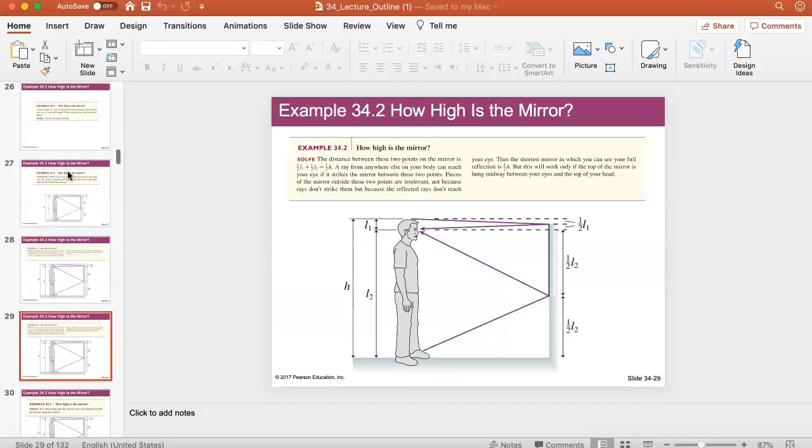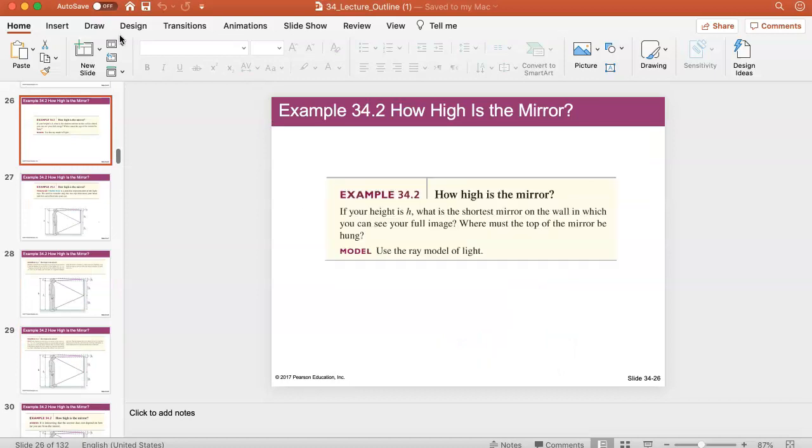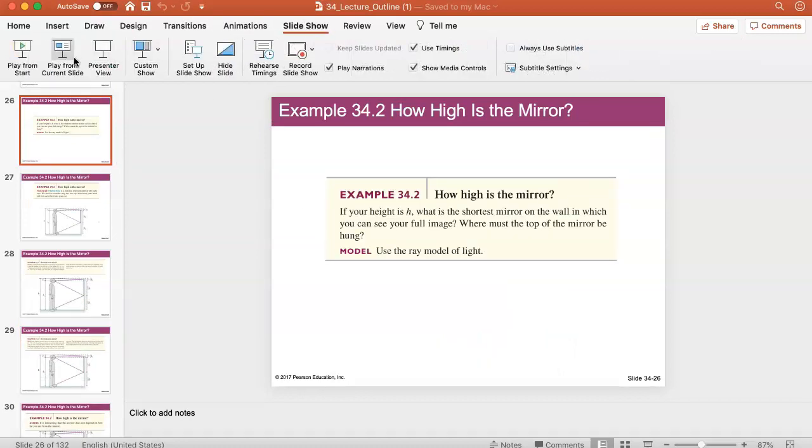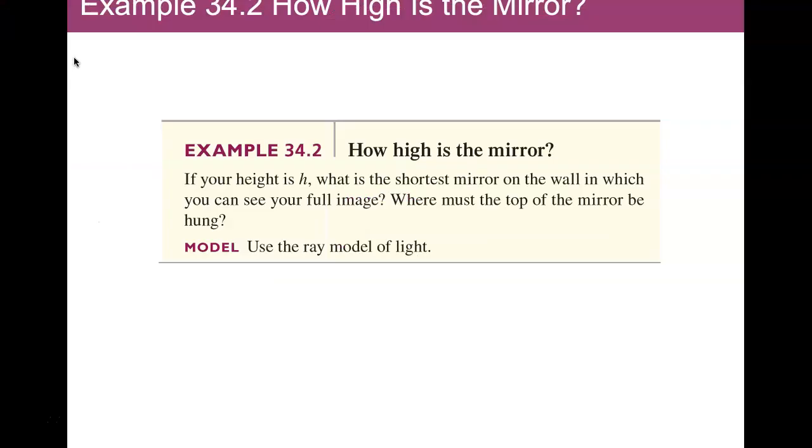Okay, so here's a problem. So your height is h. What is the shortest mirror on the wall in which you can see your full image? And where must the top of the mirror be hung?